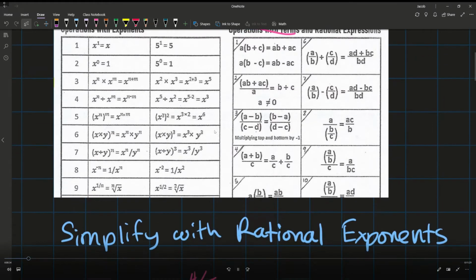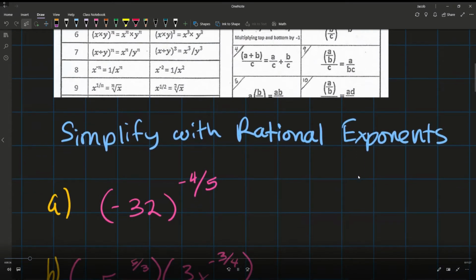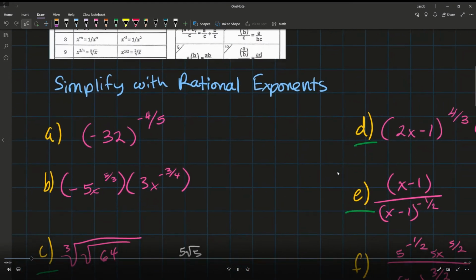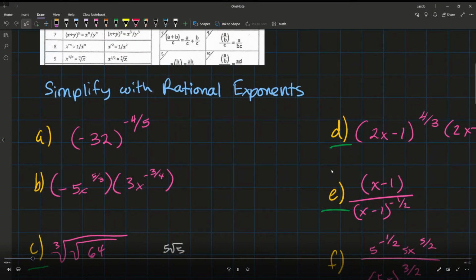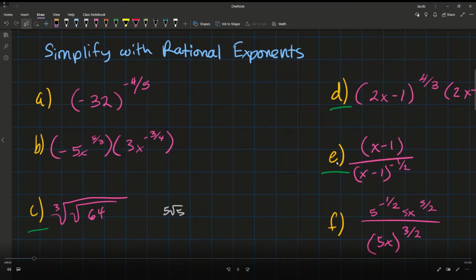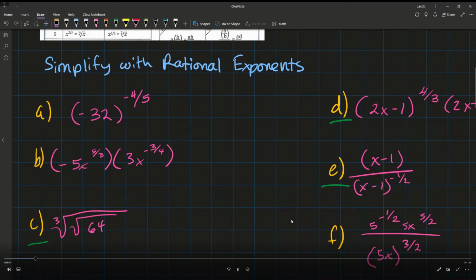So some of these are pretty memorable, but others are a little more obscure. There are a lot of these simplify with rational exponents problems, and I'm only going to be able to do a few of them, so that's why you only see a couple highlighted.